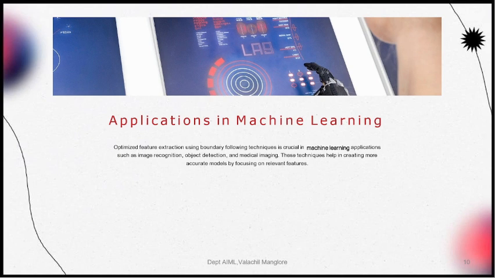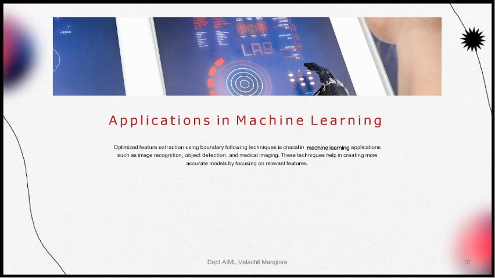Edge detection identifies the points in an image where intensity changes significantly, indicating edges. Contour detection extracts the outline of an object in an image. Boundary tracing follows the boundary of an object in an image. It extracts shape features.